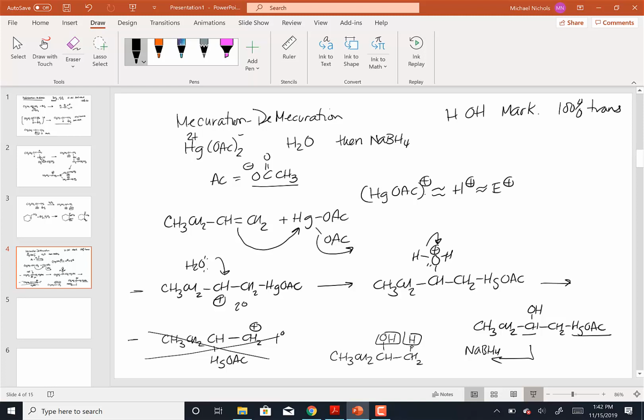You always get 50-50, racemic. That is not 100% trans. So if the mechanism was to happen the way I showed you, you would not get 100% trans. You'd still get Markovnikov, which is what I'm illustrating here, but this is not completely correct.